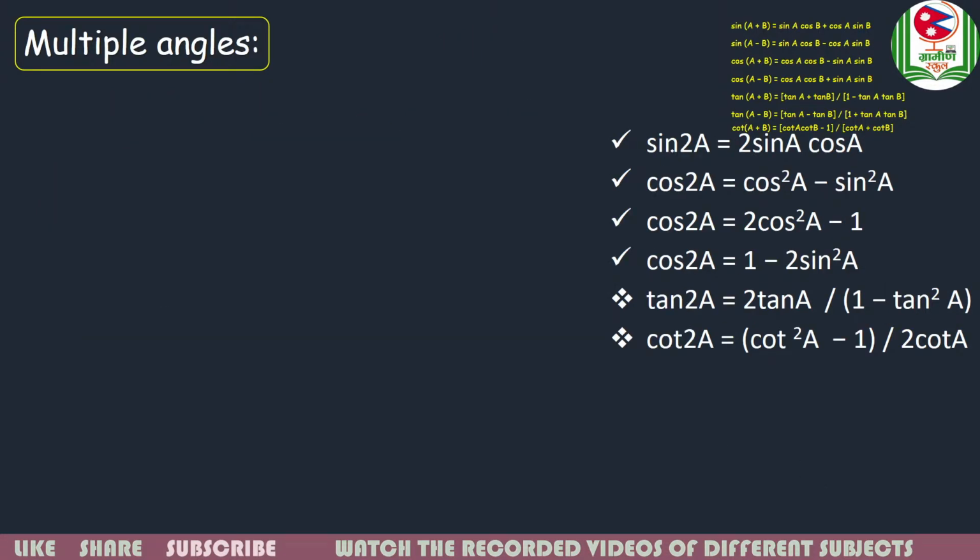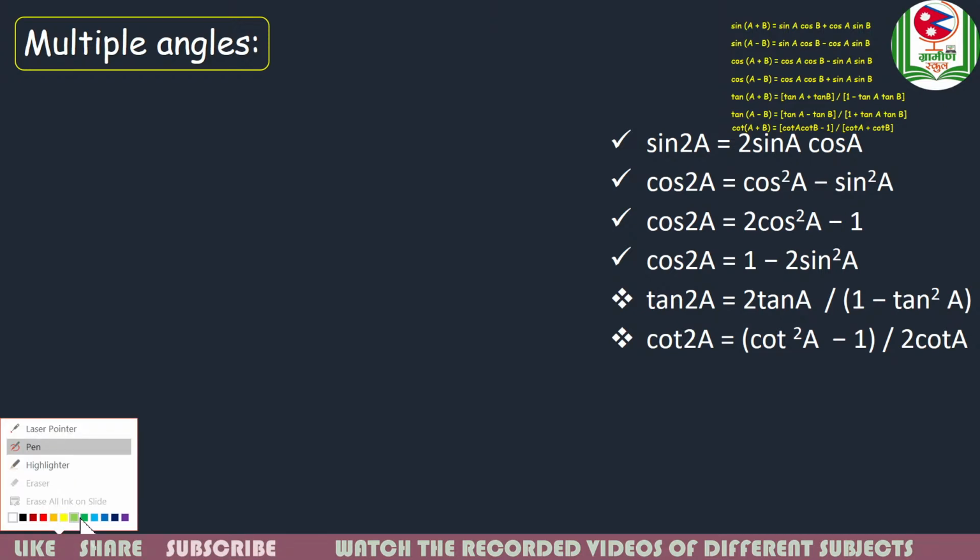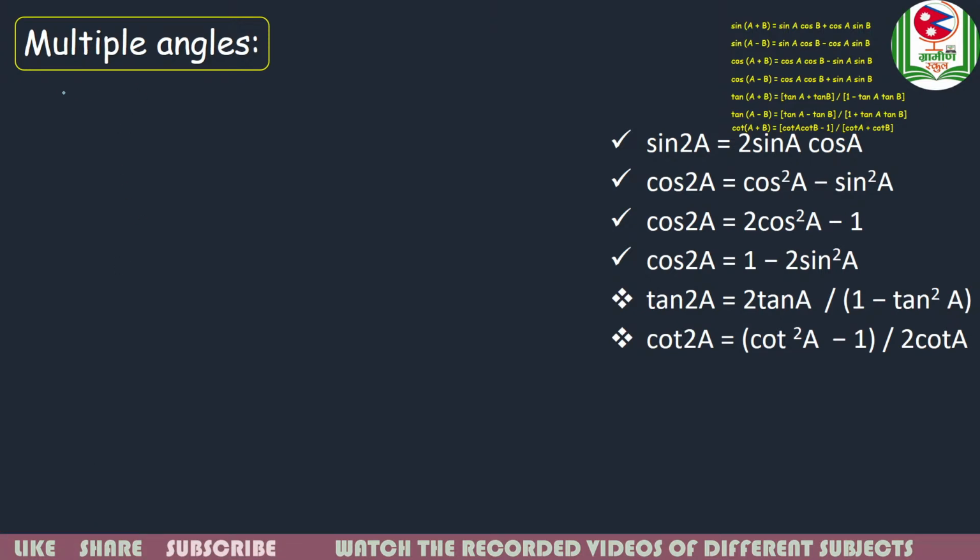Now we will find out tan 2a. We have already found out sin 2a and cos 2a. Cos 2a is equal to 2 cos square a minus 1, and cos 2a equals 1 minus 2 sin square a. Now it's time to find out tan 2a as well as cot 2a. So tan 2a equals, again we will split this 2a in the form of a plus a, and we will apply the formula tan a plus b, which is tan a plus tan b divided by 1 minus tan a into tan b.